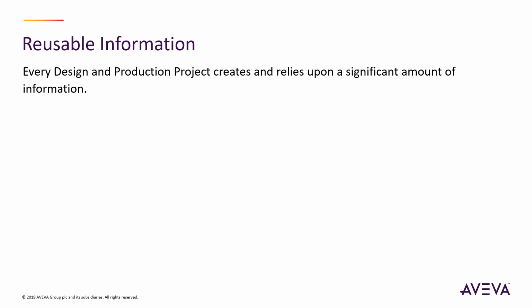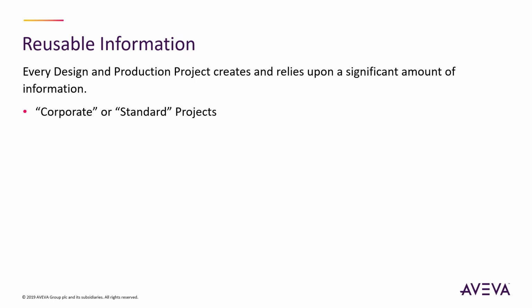So when we talk about reusable information and our solutions for working on it, we see that every design and production project creates and relies upon a significant amount of information. And we have a number of ways that we can recreate it and reuse it, and we're going to order them in terms of their levels of complexity.